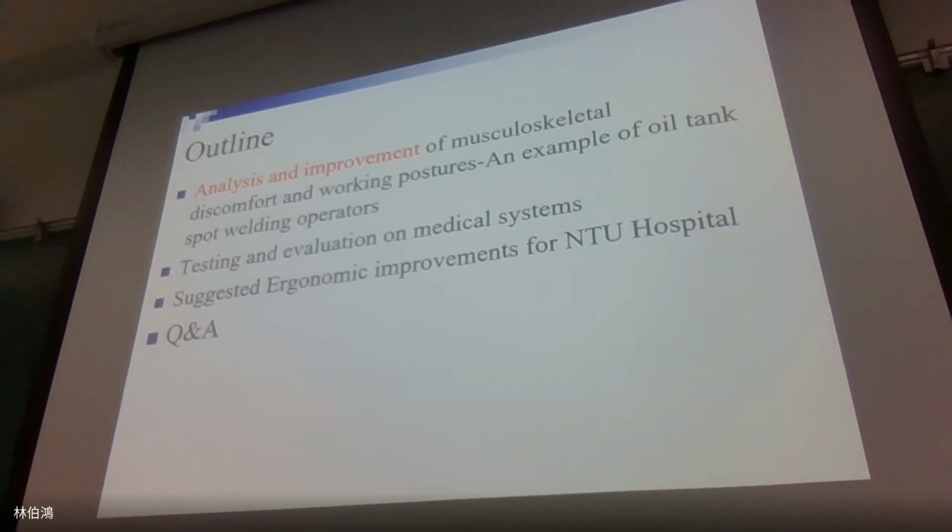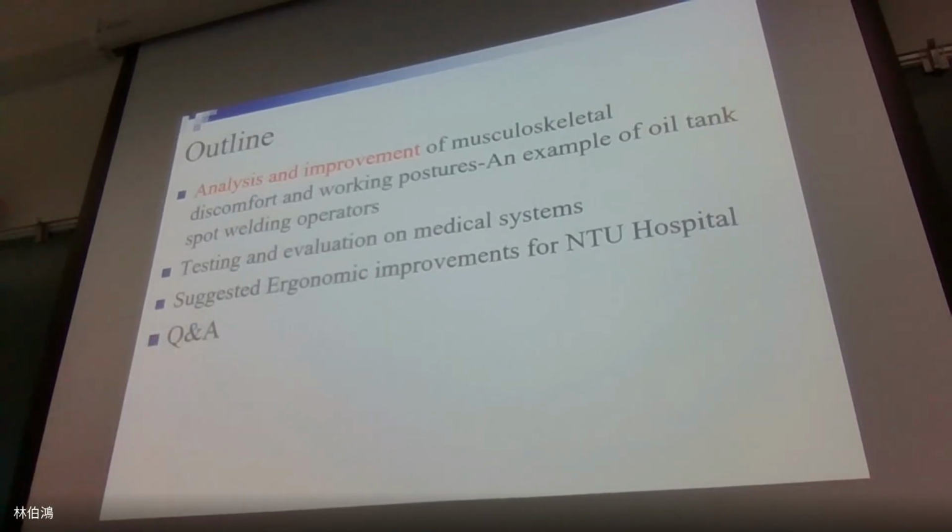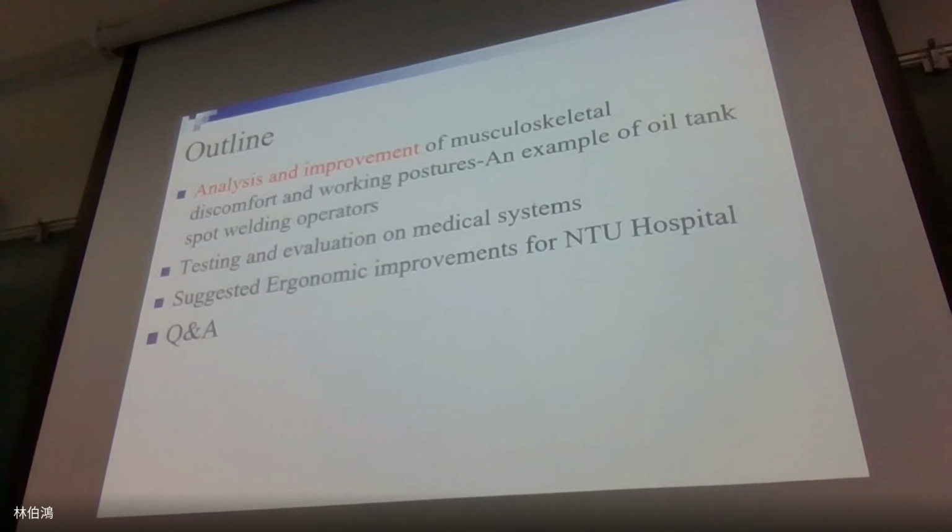And also, if we have the time, I will talk about some examples when we went to the NTU hospital and gave some improvements in the building, and also when the nurse usually pushes a cart to monitor the situation of the patient.